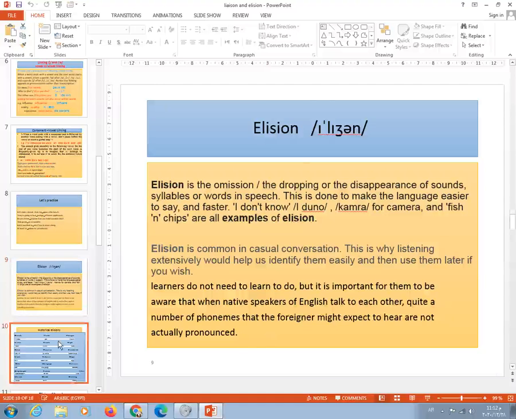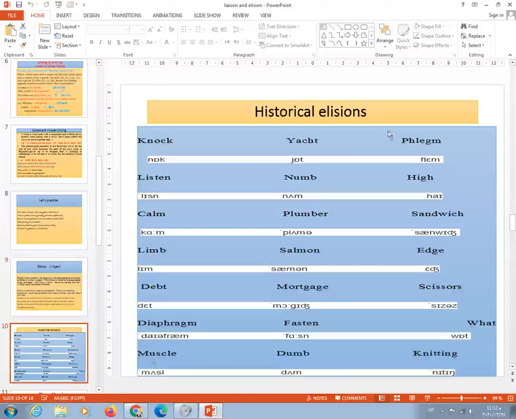Okay, historical elisions، في elisions من زمان حذف الأصوات واختفاء ليها. It's true that they do not disappear from our spelling, but they disappear from pronunciation. ما زلنا بنكتب الحاجات دي لكن مش بننطقها، مش مشكلة. For example, knock. The KN cluster, the K disappears.